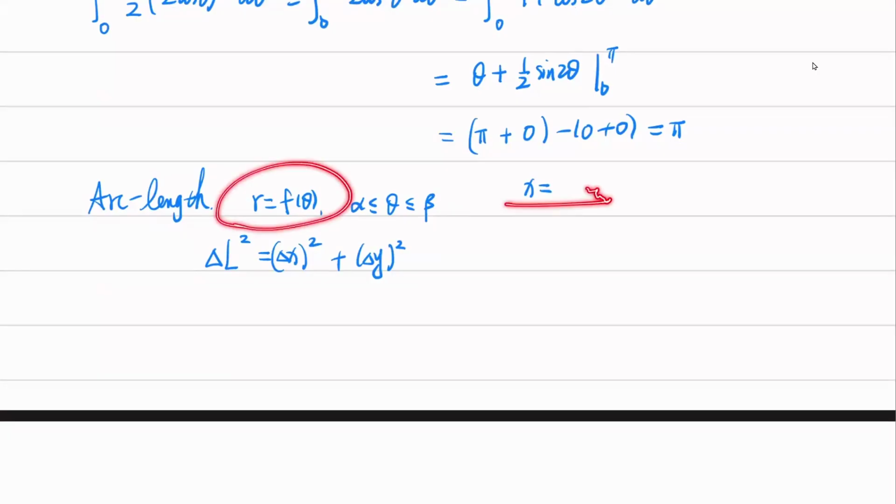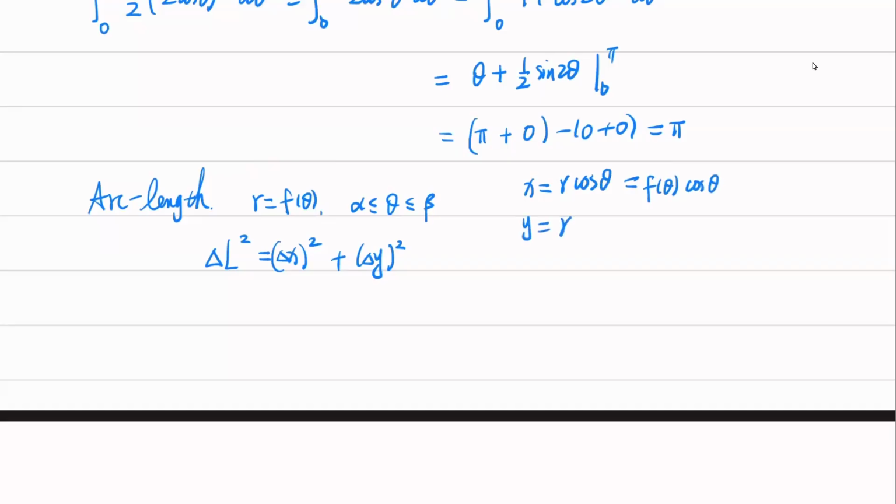In polar coordinates, it will be r cosine theta, right? And for this curve, r is f(theta).